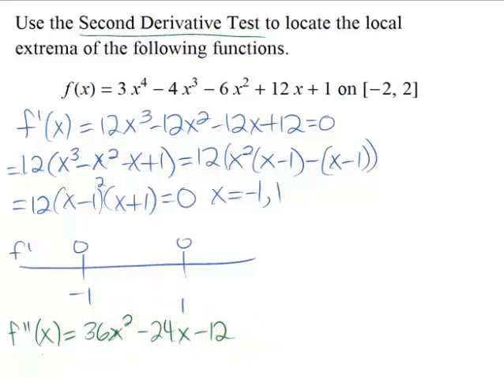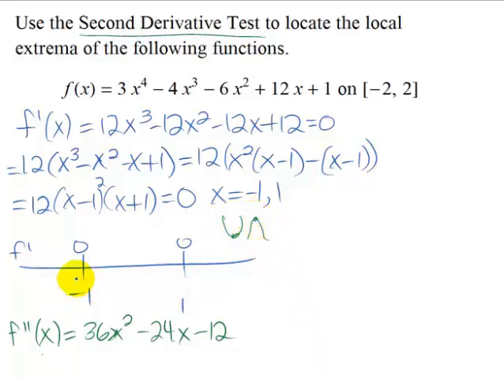Now what I'm interested in is what the second derivative's value is at my critical points, because if the second derivative is positive, I would have concave up, and concave up, I would know that I had a minimum. If the second derivative was negative, I'd have concave down, and I would know I would have a maximum.